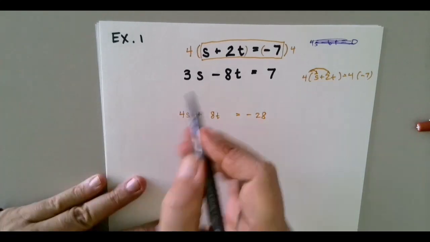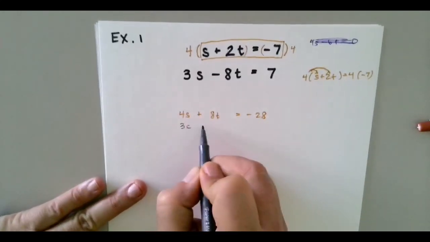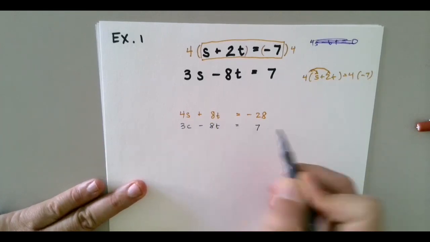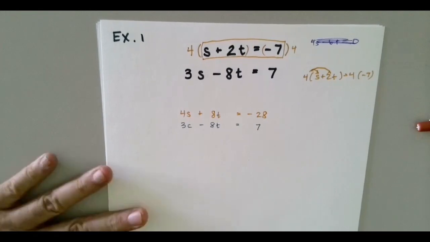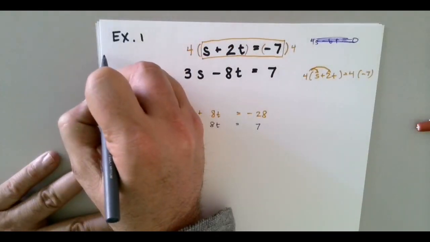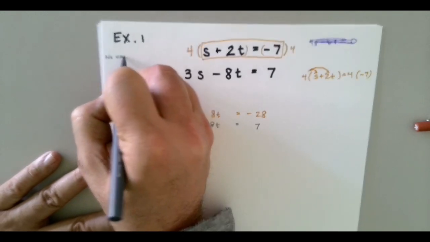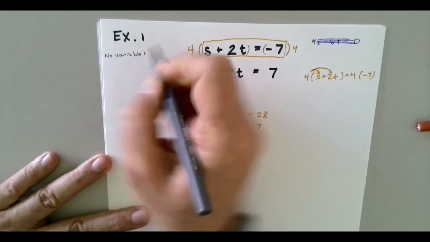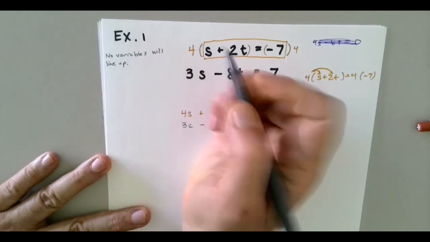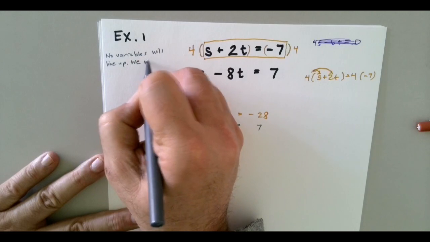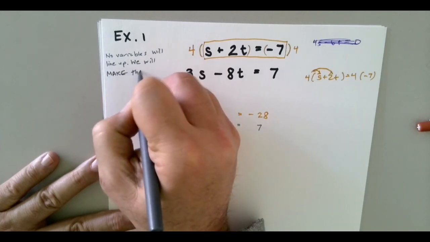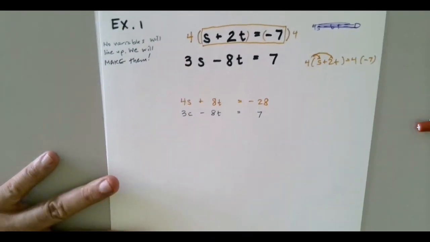Well, now the other equation is 3s minus 8t equals 7. This is what you have to understand. They did not line up. So tonight on the homework, no variables will line up. We will make them line up.